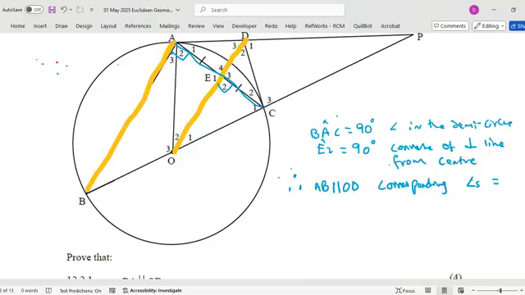Why am I saying use the converse? Because now we say the perpendicular line from the center bisects the chord, but this time we start with the chord that is bisected. We are not starting with the perpendicular. So because we start with the chord that is bisected, I'm saying let's use the converse of the perpendicular line from the center.